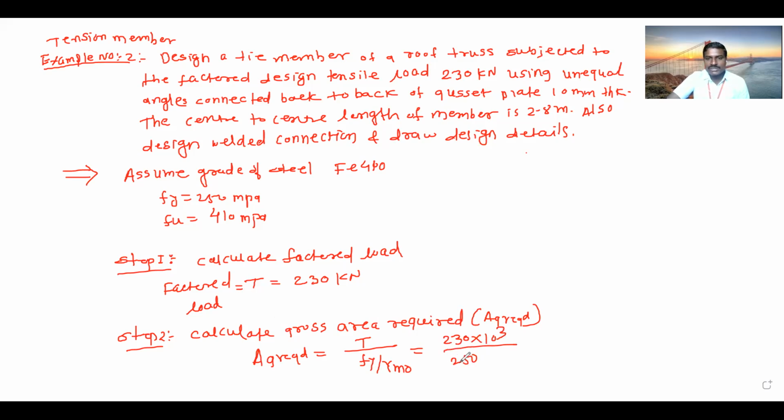Because Fy is 250 Newton per mm square, so the same unit we have to keep, and gamma m naught is 1.1. So 230 into 10 raised to 3, the factored load, divided by Fy 250 and gamma m naught 1.1. How much area is required in mm square? Fy unit is Newton per mm square and the unit of load is Newton, so Newton gets cancelled, only mm square remains. So that is 1012 mm square.